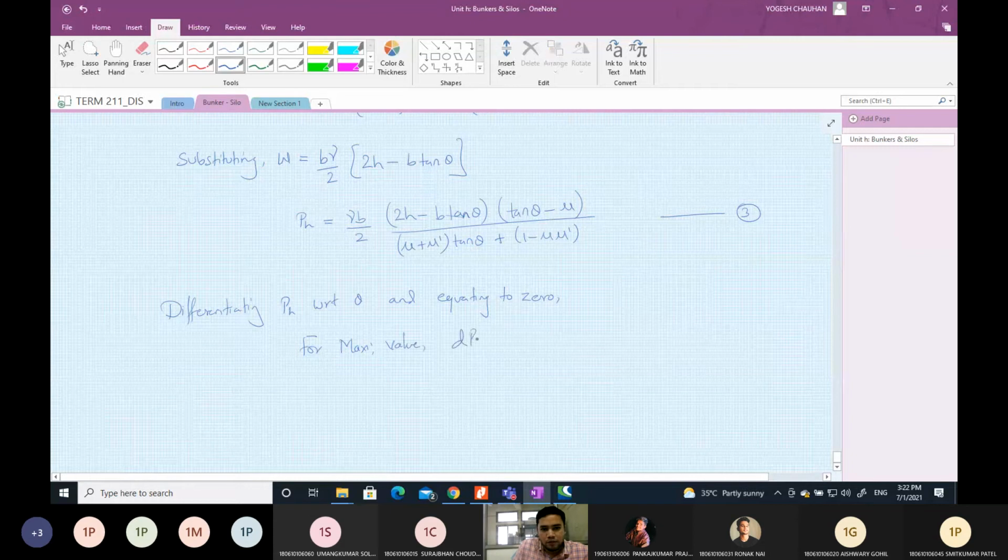We are differentiating dpH with respect to d theta and equating to 0. Okay, so by solving the quadratic equation we'll get the value of tan theta as earlier.